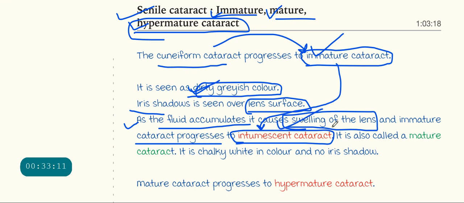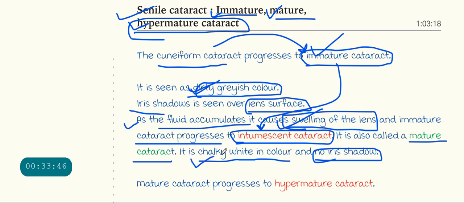This phenomenon is called mature cataract. It is a chalky white colored cataract, and there is no iris shadow. In immature cataract there is an iris shadow over the lens and it is a dirty grayish color.